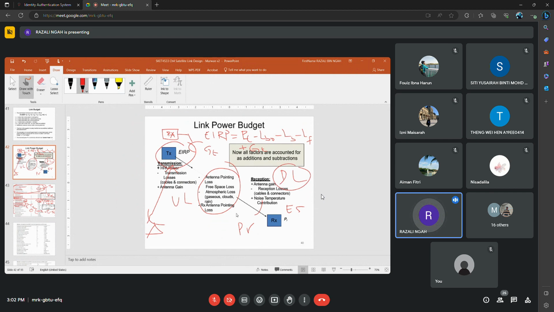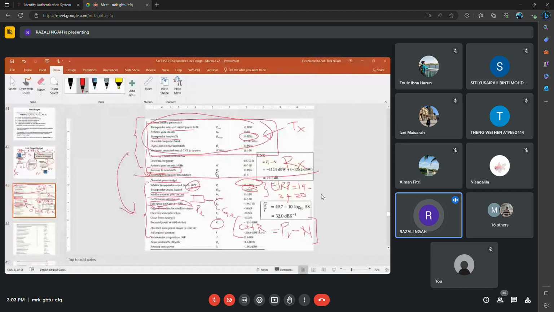That's why if we put it in table form, it's easy to analyze. Sometimes we need to do recalculation. It's easy if we put it in table form, where all the parameters are converted into dB.